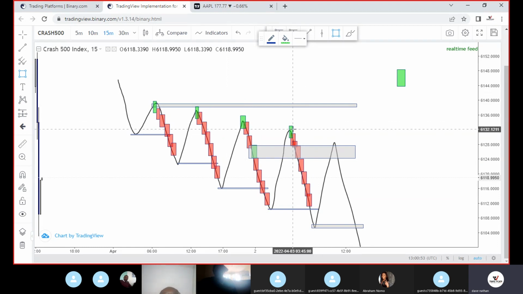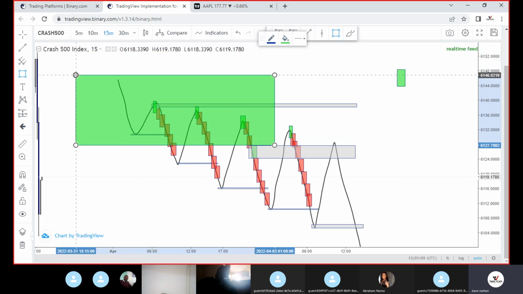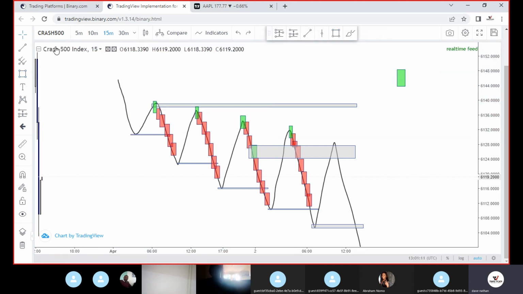All right, so let's now head to the chart. Now, when you mark off the other blocks, all you have to do is wait for price to tap into that zone, and so you'll be having situations like this.